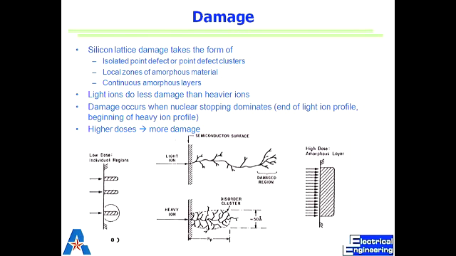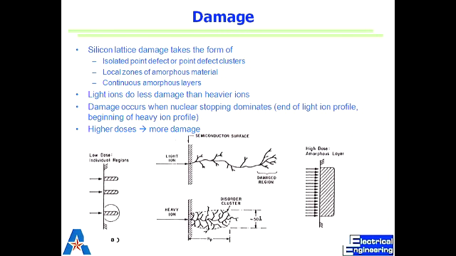And of course, light ions will do less damage than the heavier ions. If you look at a light ion, it's going to keep on bumping into the atoms, and it's going to end up in some position. So these can be isolated defects, or it can be a cluster.